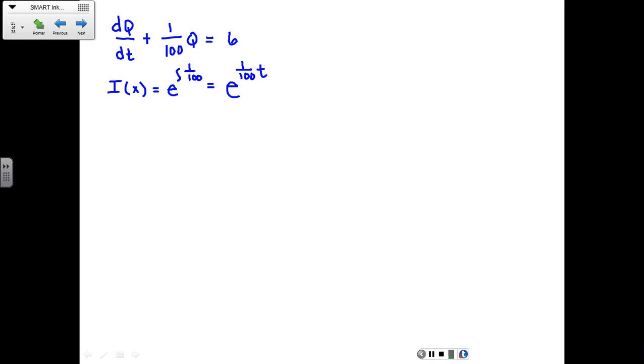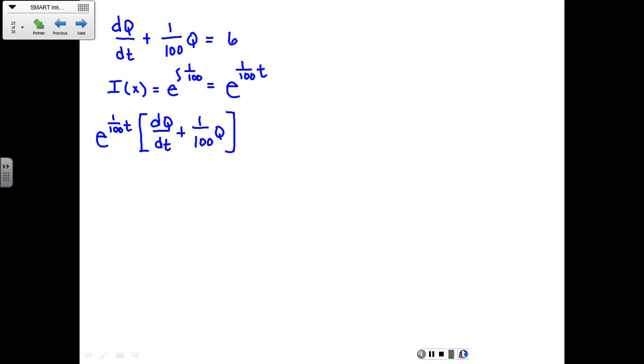One over 100 t. You're right, though. I mean, but the variable's t for time here. Multiply both sides by the integrating factor. Y'all might think this is a bunch of writing for no reason, and it may be.